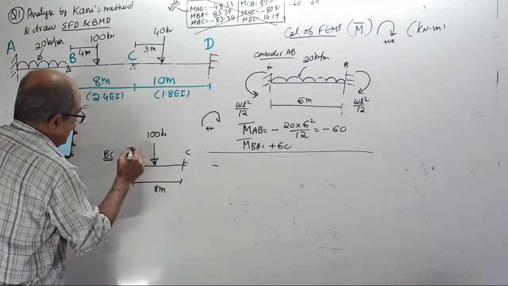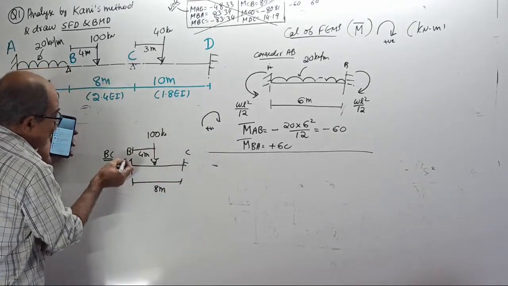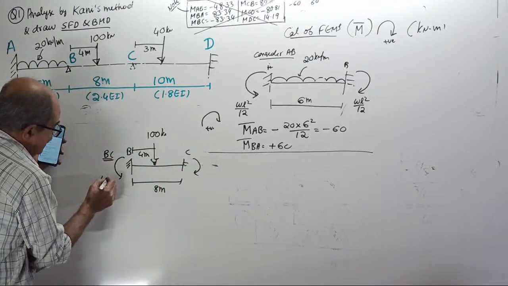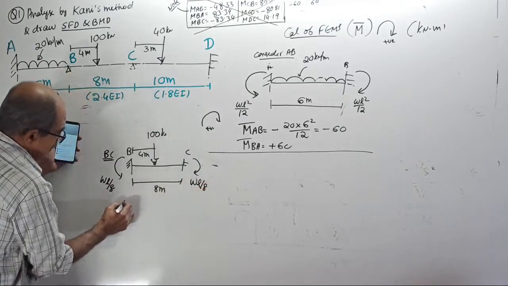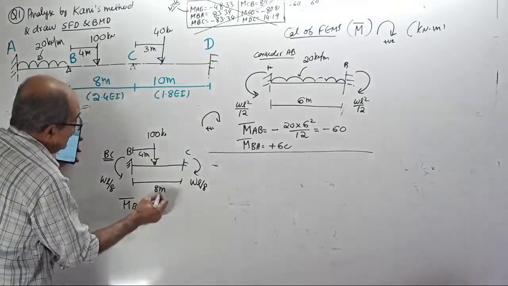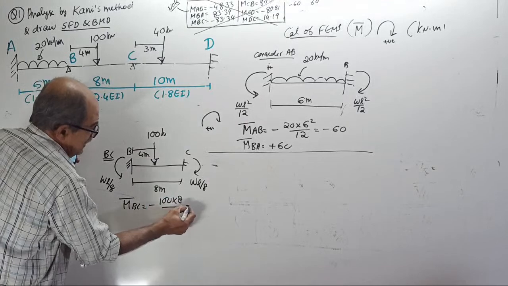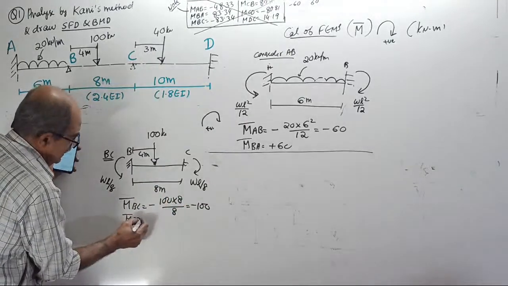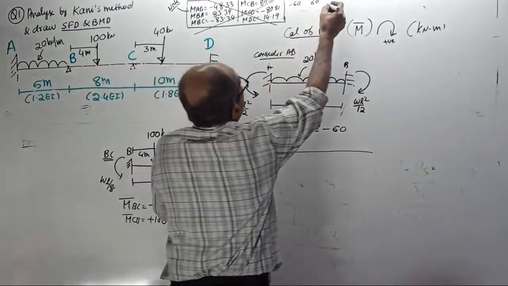When you find FPM, I am taking both fixed. It is a central load, anti-clockwise, clockwise. Central load formula, WL by 8, WL by 8. So M bar BC is anti-clockwise, minus W L by 8, 100 into 8 divided by 8, is minus 100. M bar CB is plus 100. BC is also over.